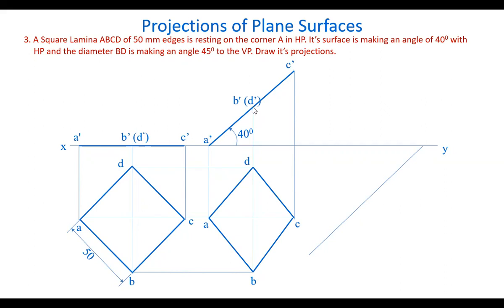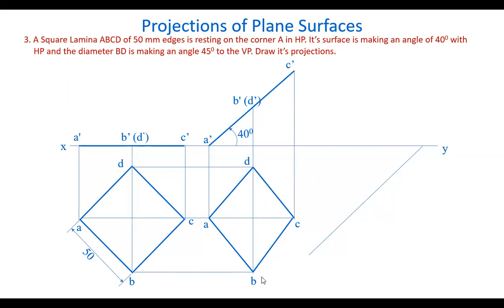This BD is parallel to HP. It's parallel to HP, so it's a true inclination that is visible in the top view. When it is parallel to HP, its actual inclination with VP can be seen in the top view.